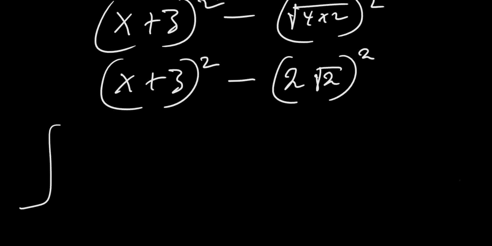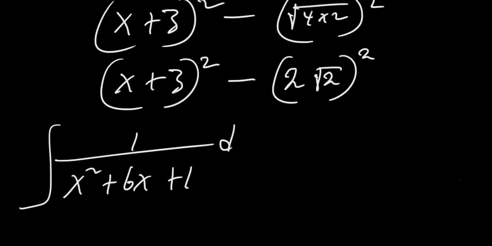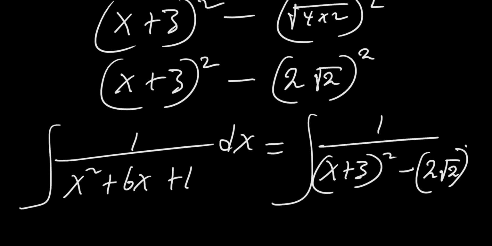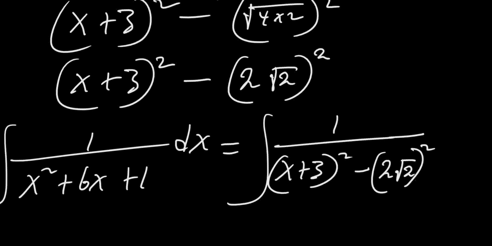So the integral of 1 over the square root of x squared plus 6x plus 1, dx, is equal to the integral of 1 over the square root of (x plus 3) squared minus (2 root 2) squared, dx.